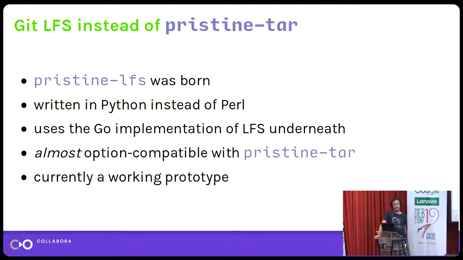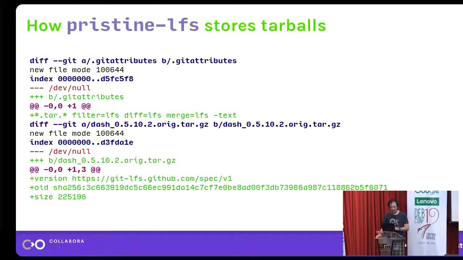If and when I complete this re-implementation of LFS in Python, I probably will switch to it. But at the moment, that's the easiest way. It doesn't support a few options of pristine tar which are pointless in the case of LFS, like generating a delta file. I consider it currently a working prototype because we use it, but there is still potential for bugs in there, and some things are probably not implemented fully correctly.